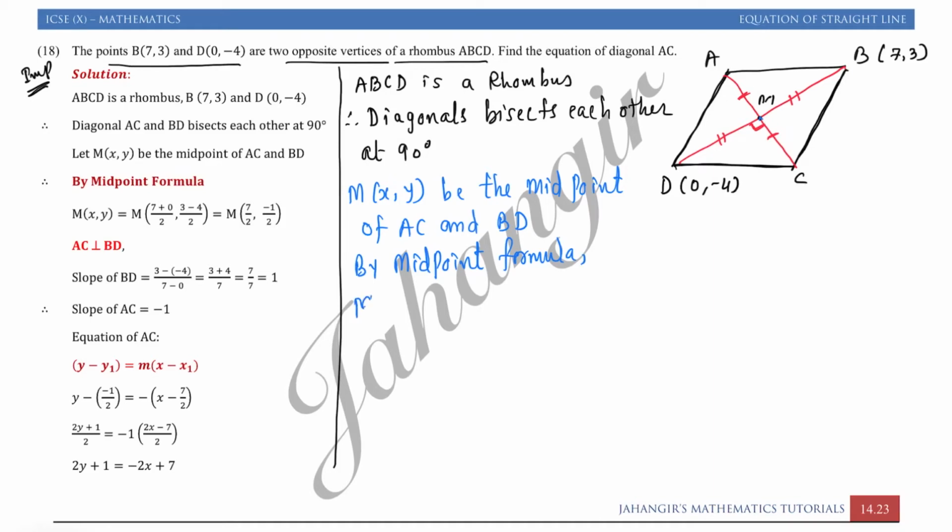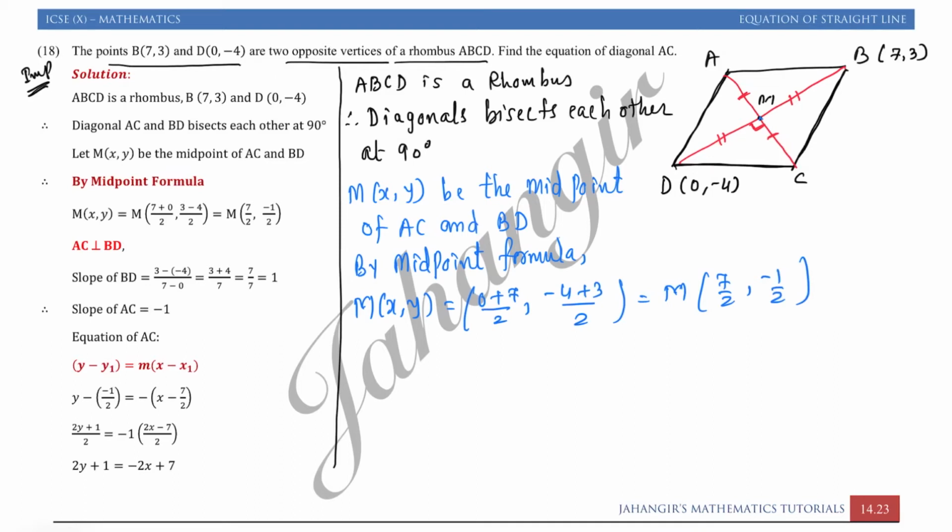We can find M(x, y) is equal to (0 plus 7 upon 2, minus 4 plus 3 upon 2). So that is, the M coordinate can be (7 by 2, minus 1 by 2).